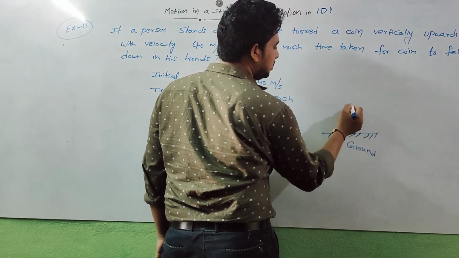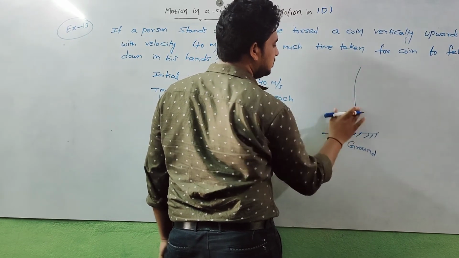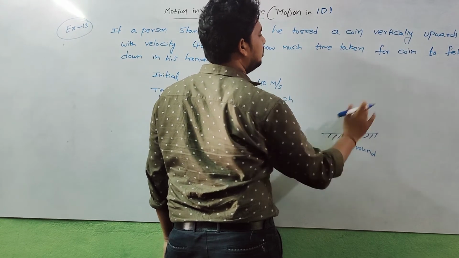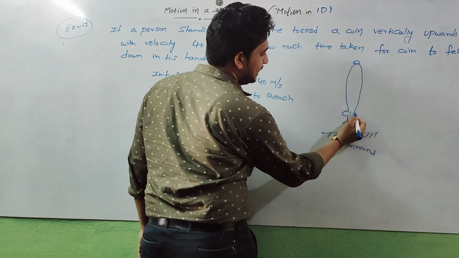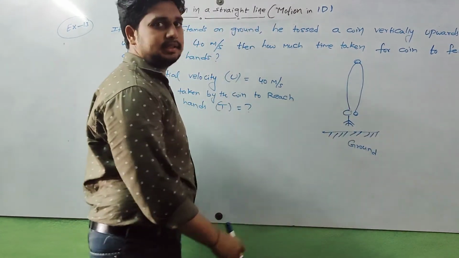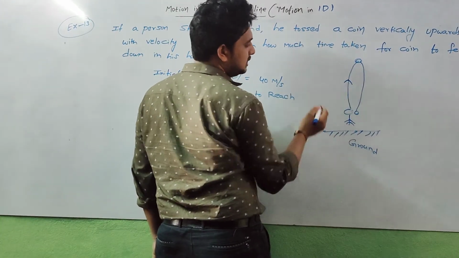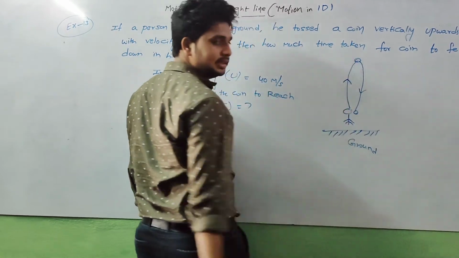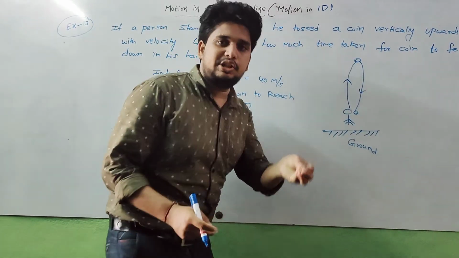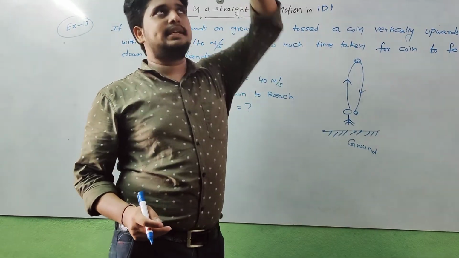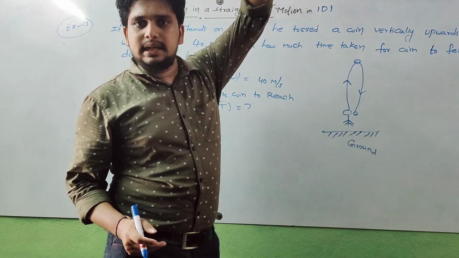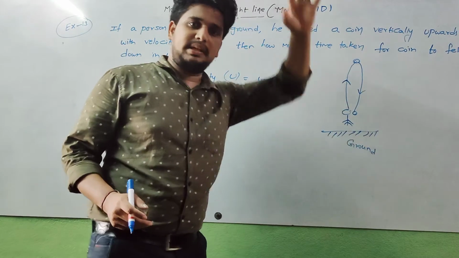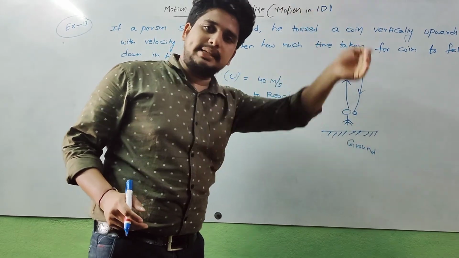That means the coin will move upwards and again fall in his hands. Once he tosses a coin, it reaches maximum height. Whenever it reaches maximum height, then it falls down and reaches his hands.